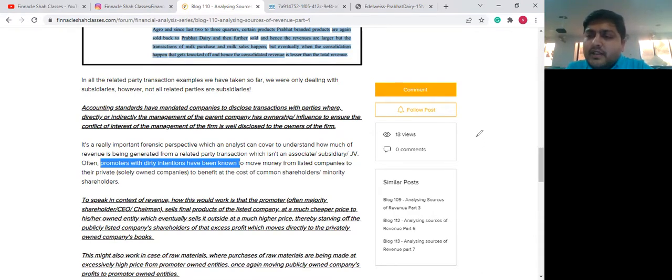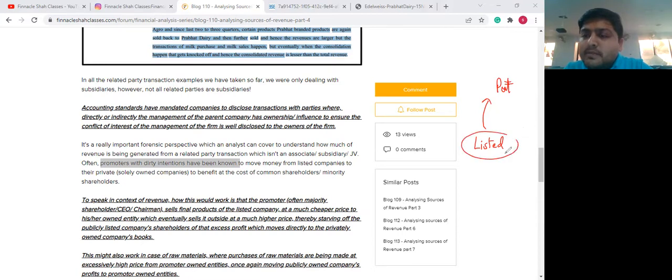So if the listed company is selling a particular product to a private company, which is completely owned by the management of this listed company, or let's say the wife of the management, they are selling this product at a very cheap cost to the private company, which eventually sells it at the fair market value of the finished product.